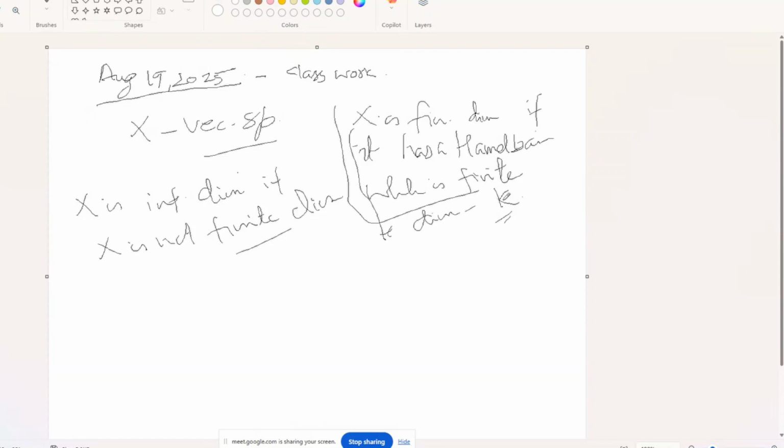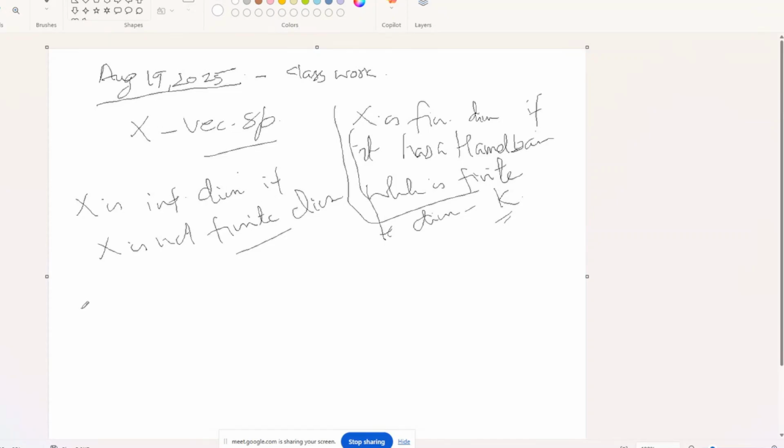In fact, if X is finite dimensional of dimension k, then any k plus 1 vectors are linearly dependent. So to show that this is infinite dimensional, you have to show it's not finite dimensional. That means there are infinitely many linearly independent vectors.